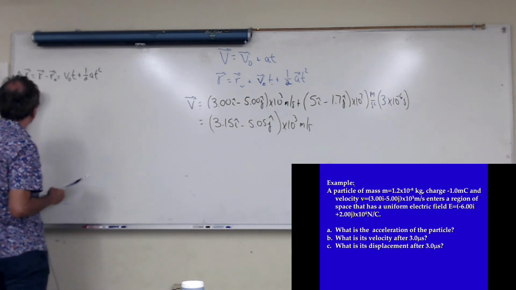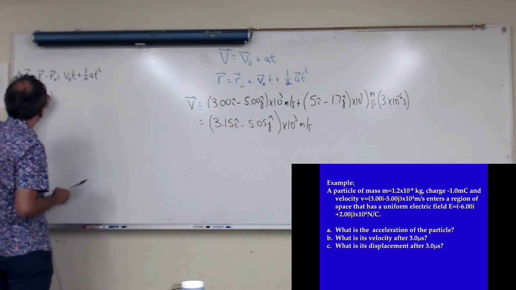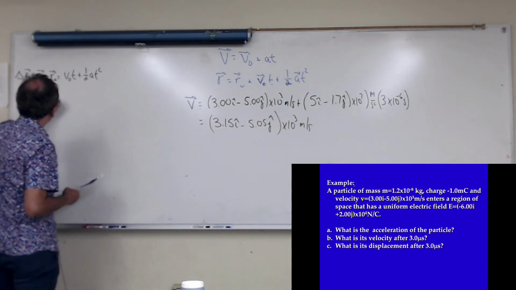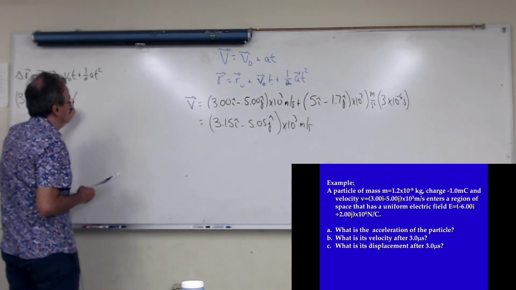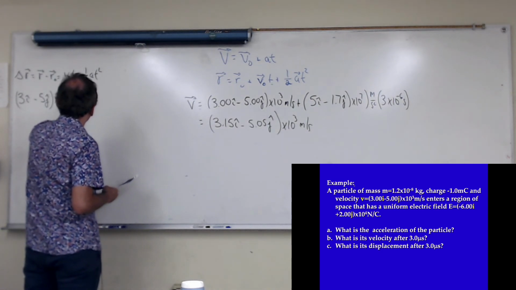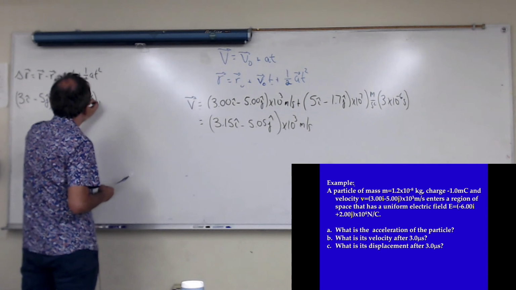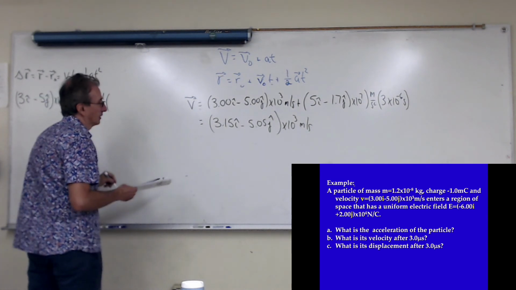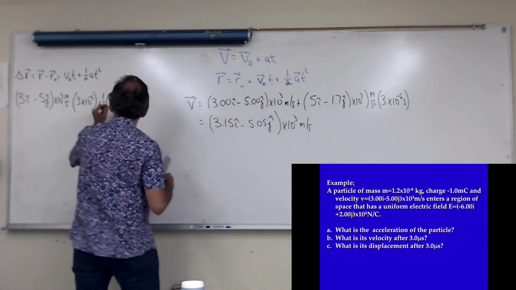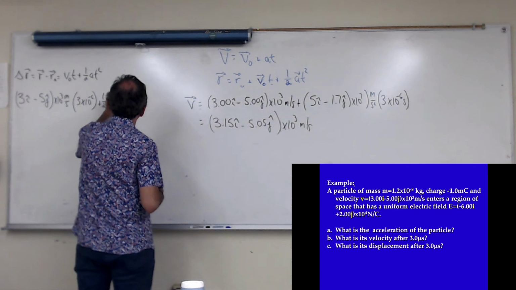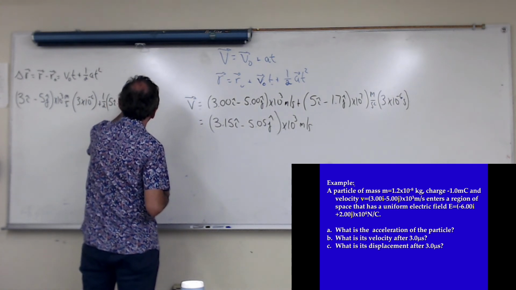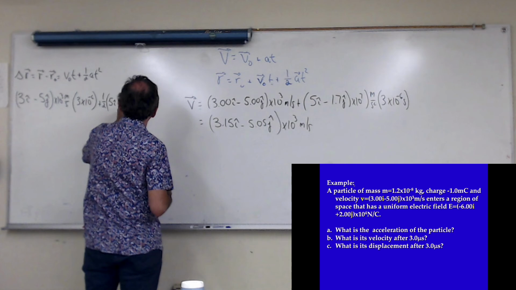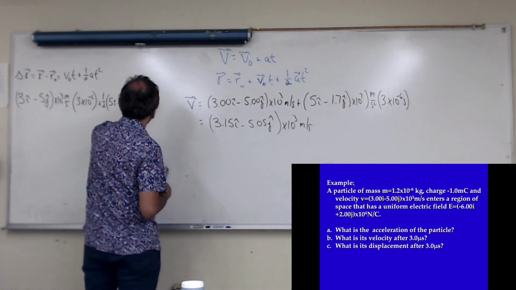3I minus 5j times 10 to the third times 3 microseconds plus 1/2 this acceleration times 3 microseconds squared.